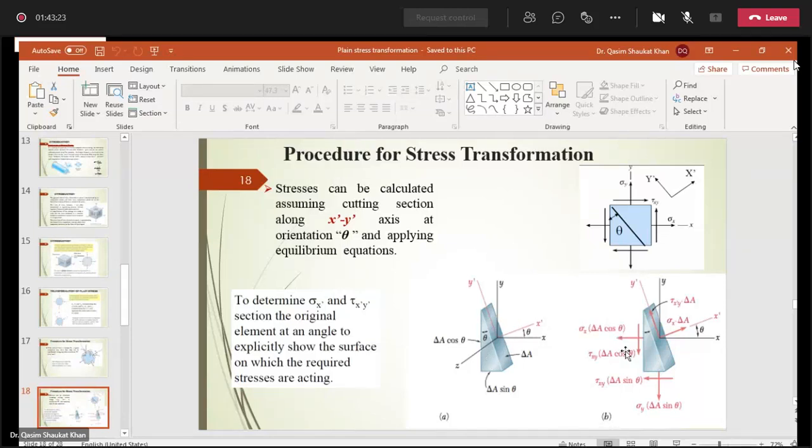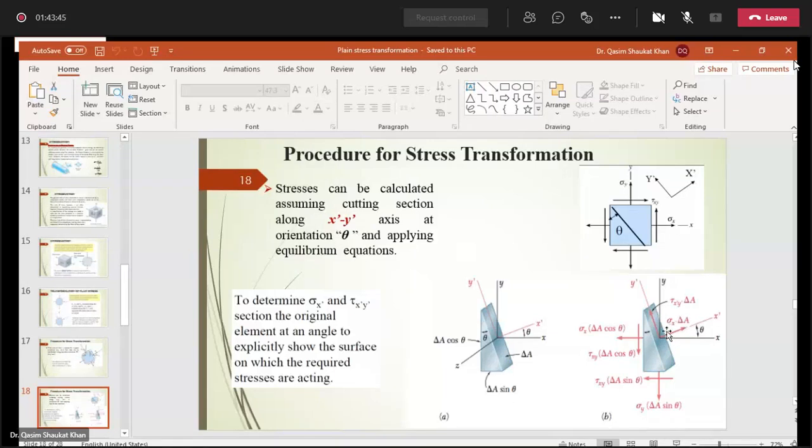So we have just mentioned these forces now. So this is your tau xy delta A cos theta, sigma x delta A cos theta. This is tau xy delta A sin theta. This is sigma y delta A sin theta.